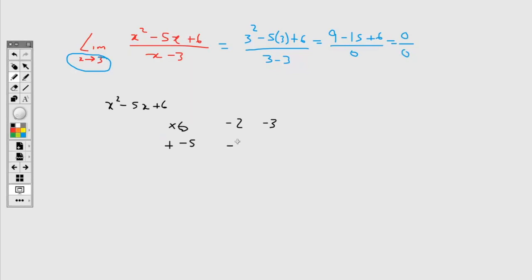You wouldn't use negative 6 and negative 1, because even though they multiply to give us positive 6, when we add, it doesn't give us negative 5.